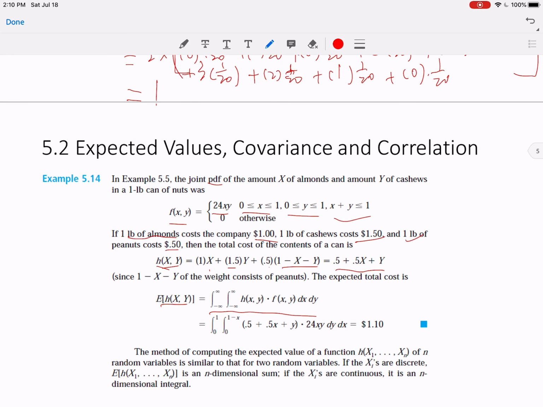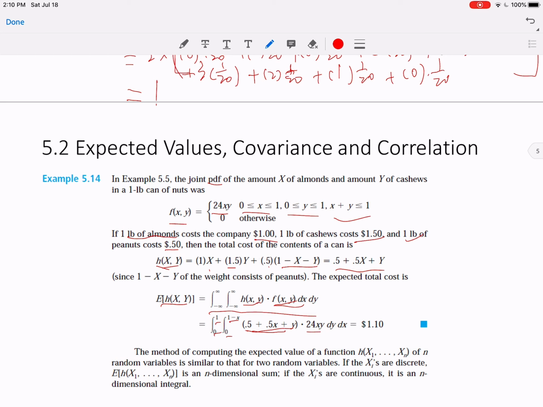And then, of course, what we need to do is just put the specific intervals for x and y here, and then plug the expressions of h of x y and f of x y back into here. So h of x y is equal to 0.5 plus 0.5x plus y, and f of x y is equal to 24xy here. So I would like to emphasize how to find the boundary here, 1 minus x.